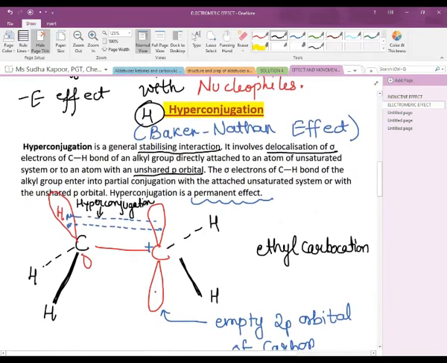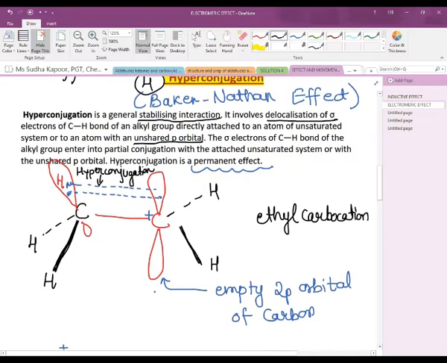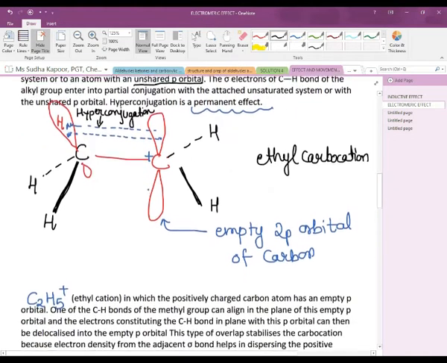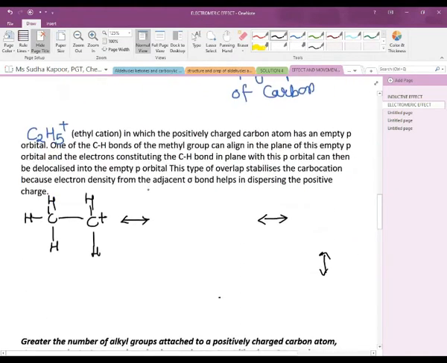So the sigma bond is shifted to the empty orbital, the unshared p orbital. Okay, so let us take the example of ethyl carbocation. The carbon which is positively charged has the empty p orbital, but the sigma bond from the adjacent carbon, the CH bond, is shifted to the empty p orbital. Let us see how it takes place. This is the ethyl carbocation, which is having the empty p orbital.